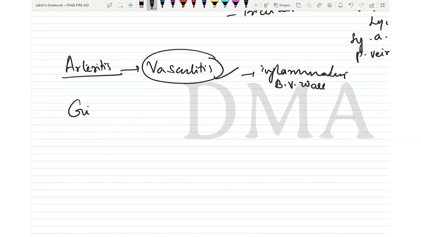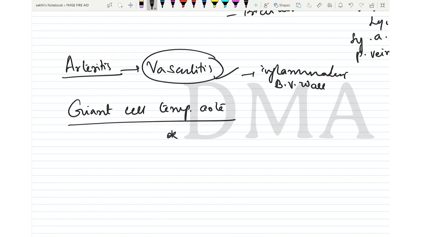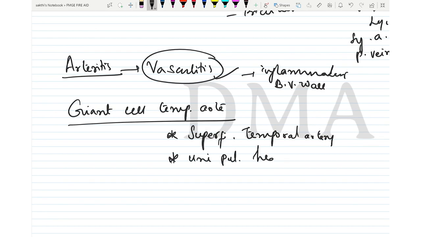The most common artery that is affected is the superficial temporal artery. The most characteristic clinical finding is that the patient presents with a unilateral pulsating headache. If it affects the ophthalmic branches, they can have visual disturbances. And you have a segmental granulomatous inflammation.